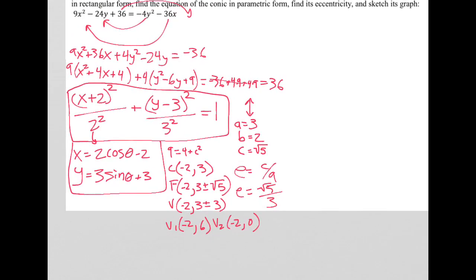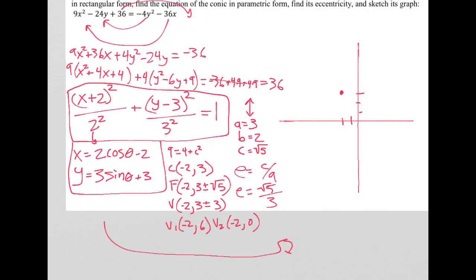So again, where is our x value? I actually like using a parametric equation to help me graph an ellipse, just because I like the way the pieces come together. I know that that minus 2 is telling me the x value of the center, so that needs to be a minus 2 right there. That positive 3 is telling me the y value of the center, so a positive 3 and a negative 2 for x. There we have our center.